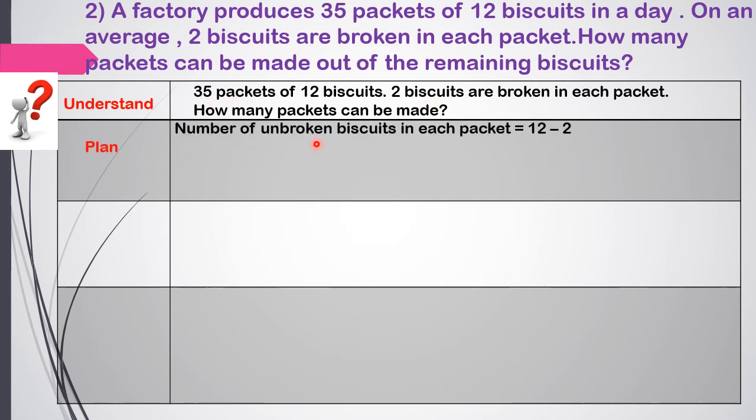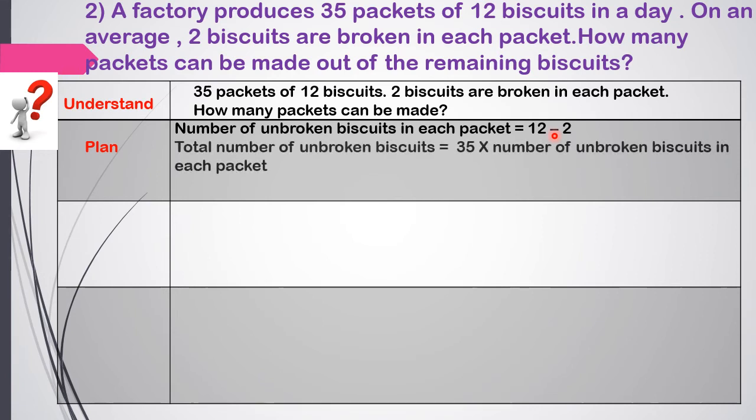The number of unbroken biscuits in each packet, those good biscuits: 12 minus 2, as 2 biscuits are broken and the total is 12. Then the total number of unbroken biscuits: that means 35 packets are there. So 35 into the number of unbroken biscuits in each packet.